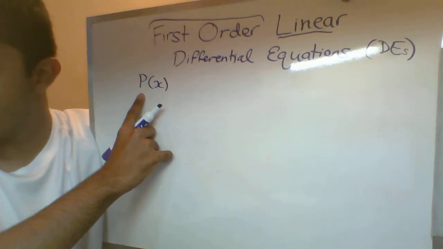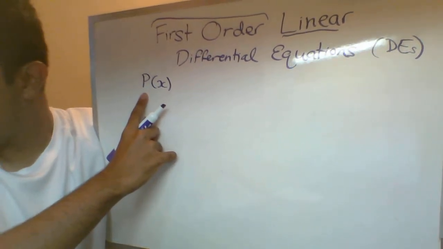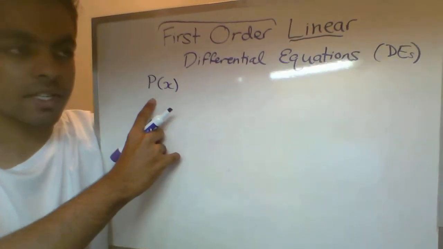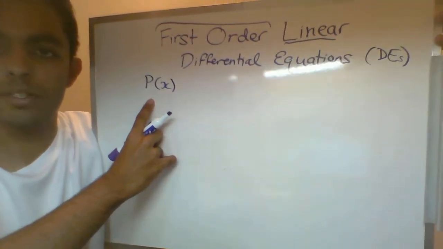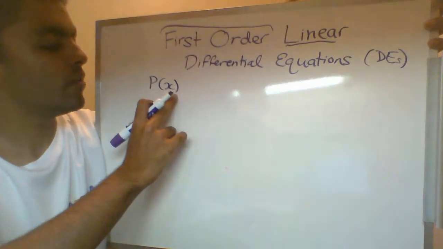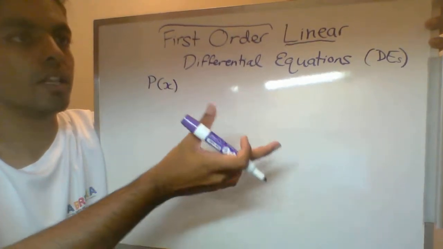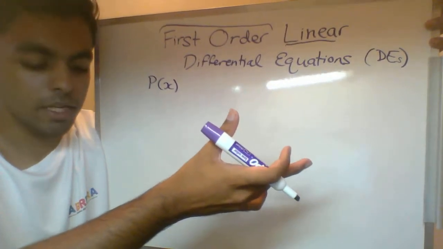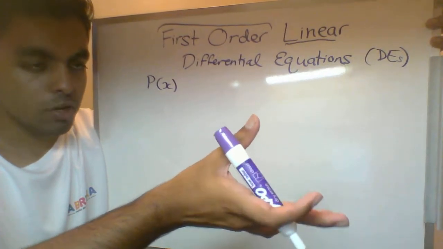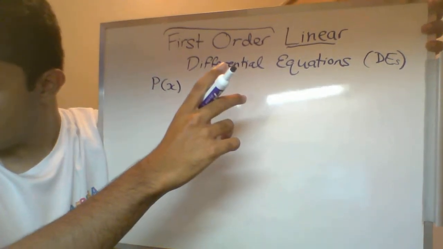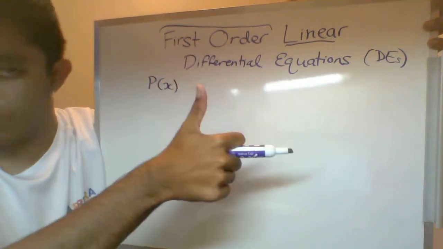We just don't want to use letters like f, because there's going to be more than one function of x, and you don't want to use y because we're dealing with y separately. So p of x is going to be some function of x. Could be e to the x, could be a polynomial, could be a trig function. Trig stuff is also good.